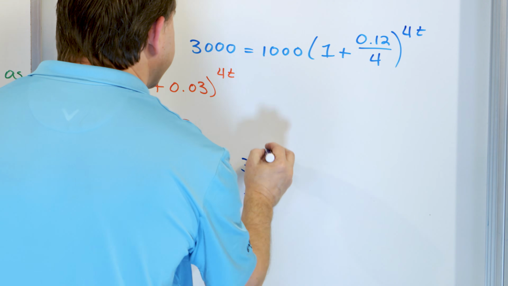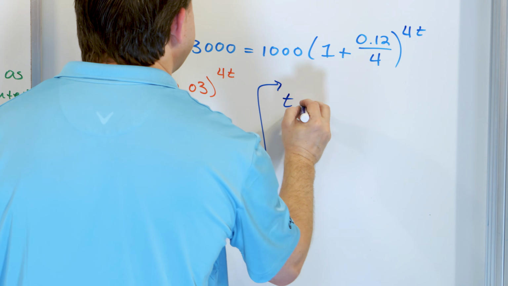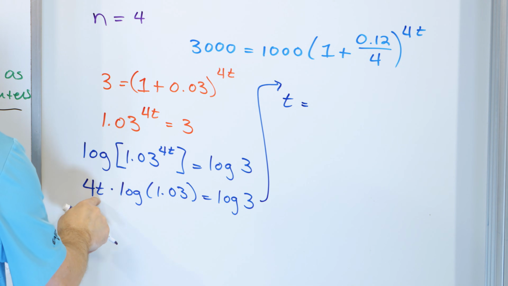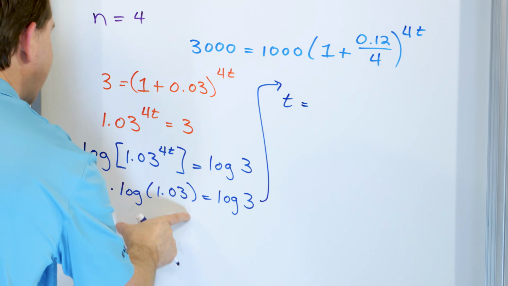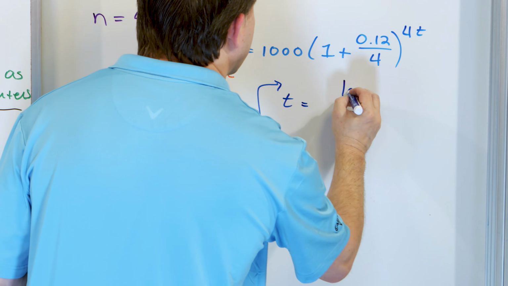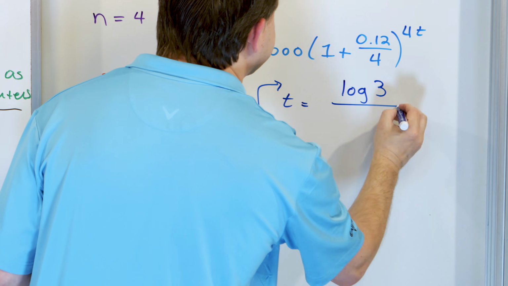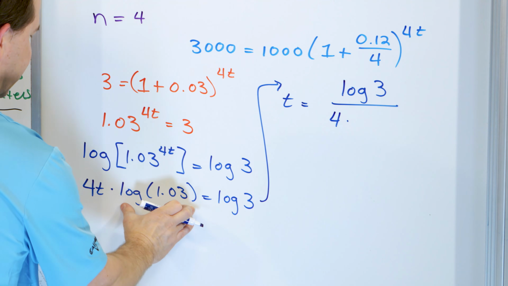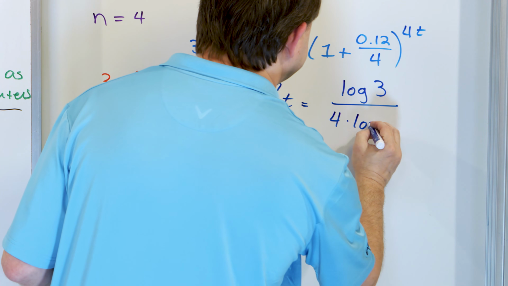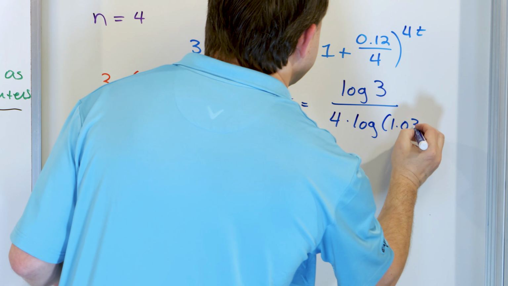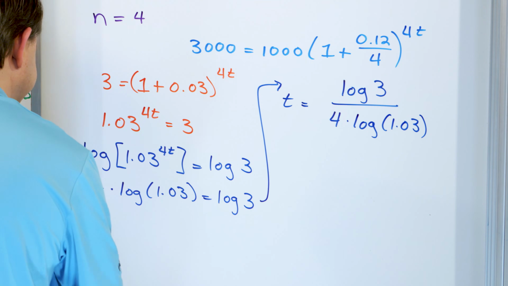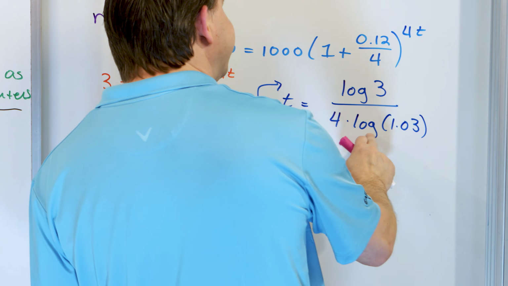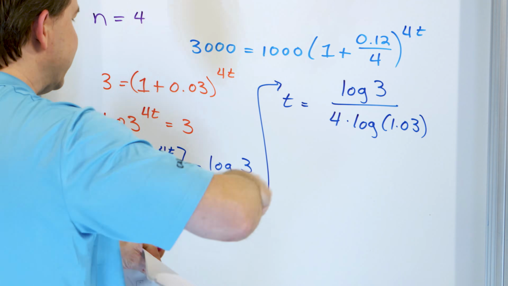So t as an exact number, when I divide by the 4 and I also divide by the log here, it's going to be the base 10 logarithm of 3, divided by 4, divided also by the log of 1.03. So in your calculator, you can do a base 10 log of 3 and a base 10 log of this, and you know what the number 4 is, so then you can calculate this.